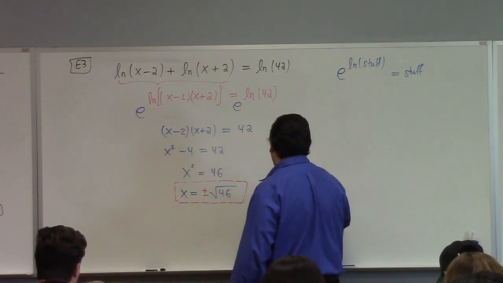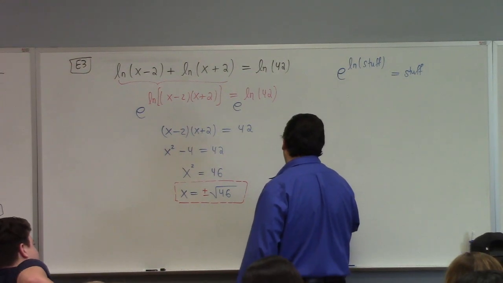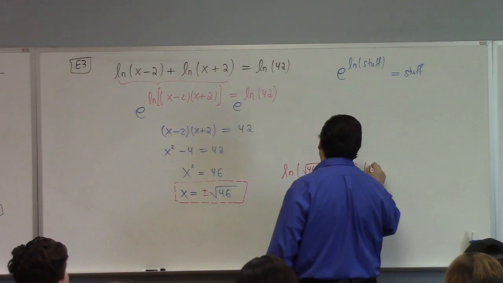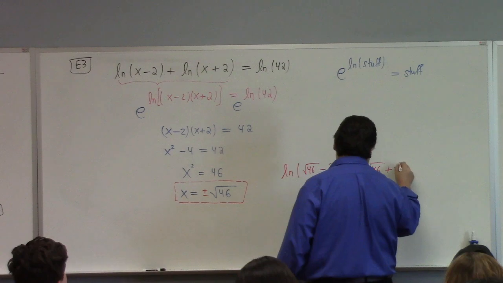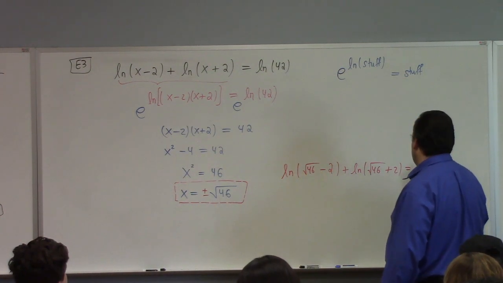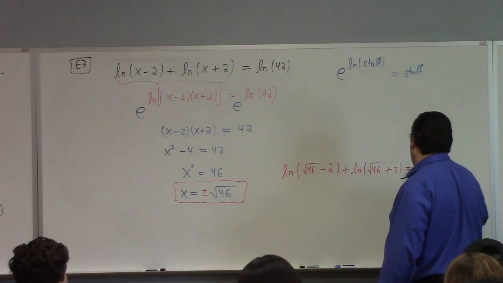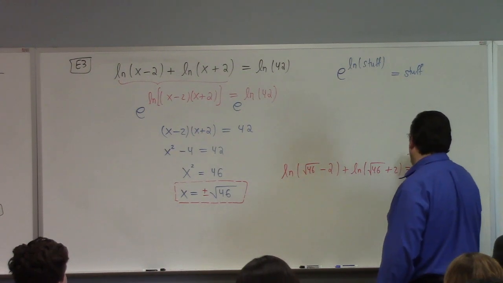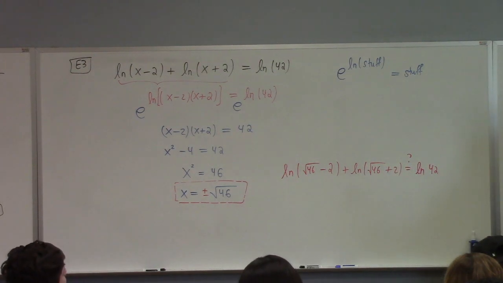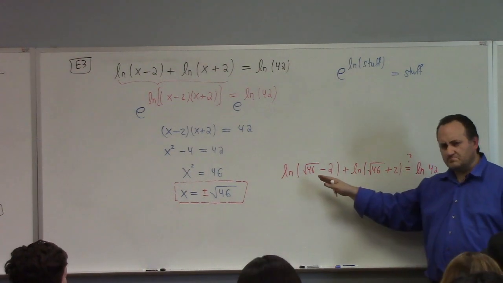So like natural log of the square root of 46 minus 2 plus the natural log of the square root of 46 plus 2 is in fact ln 42. Now, you don't actually have to go through the mechanics of checking the whole thing. All I'm really looking for here is that both of the natural logs are actually reasonable.